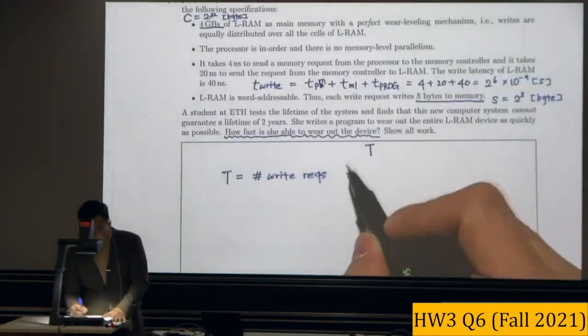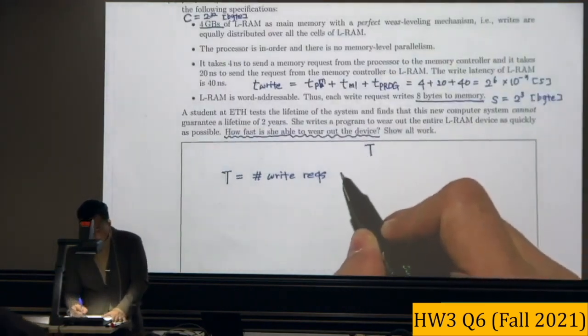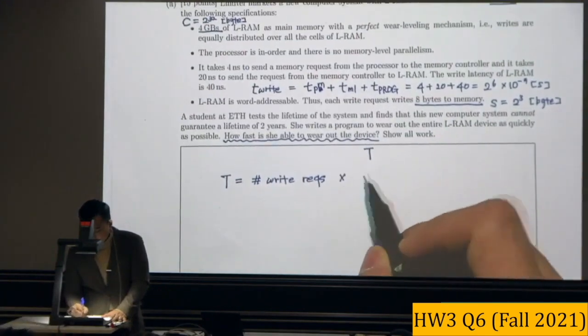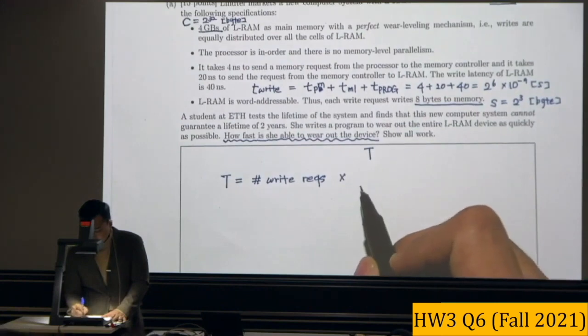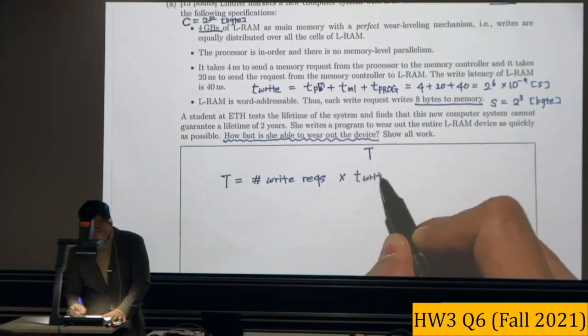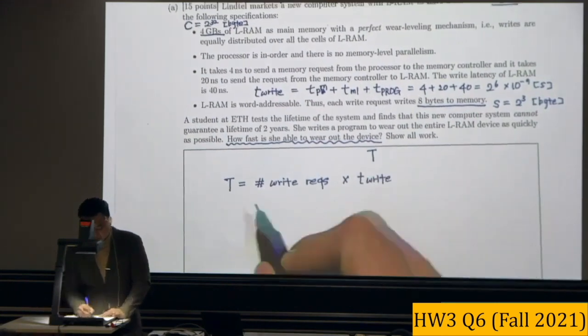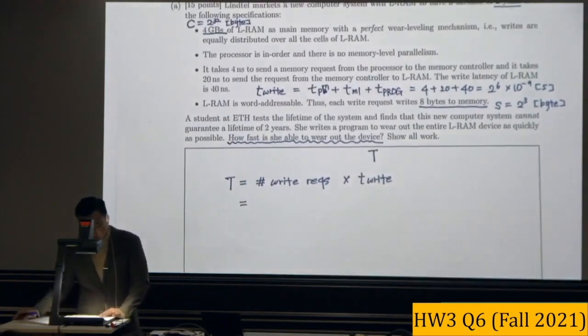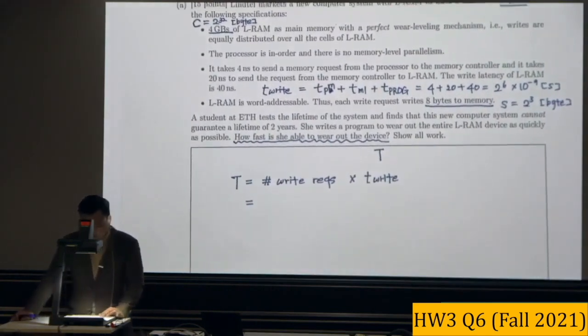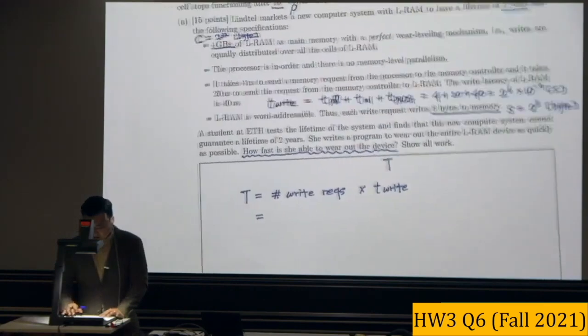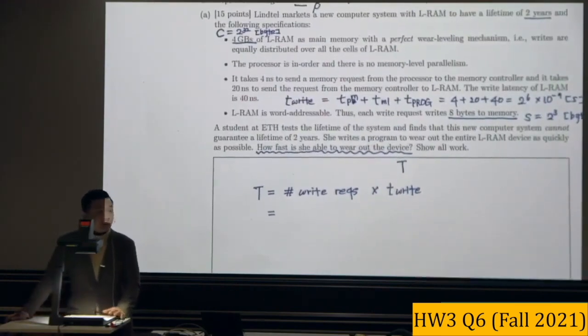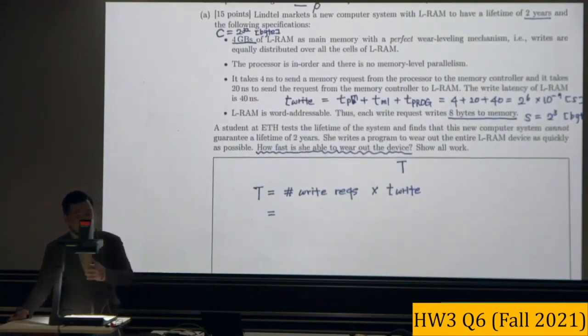Since there is no parallelism, no way for us to overlap the latency, we can simply multiply the time for handling a write request, T write, by the number of write requests required to wear out the entire LM. Let's first think about how many write requests are necessary to write the whole device one time.